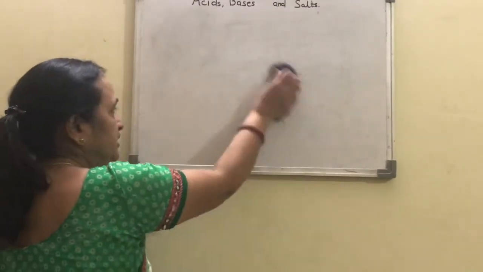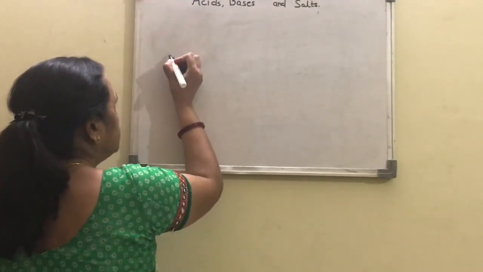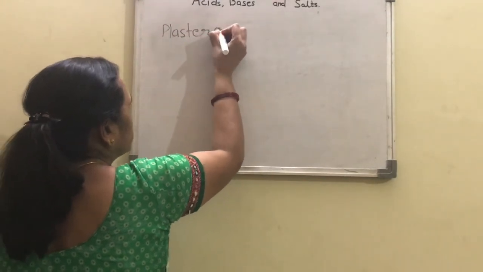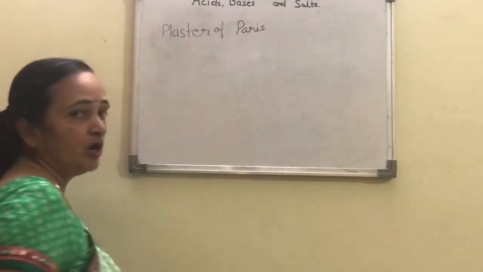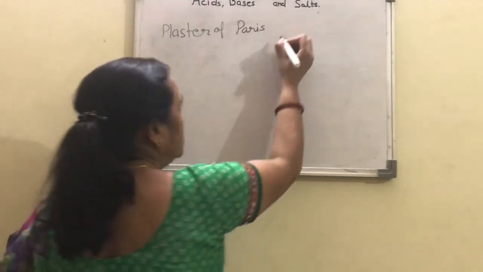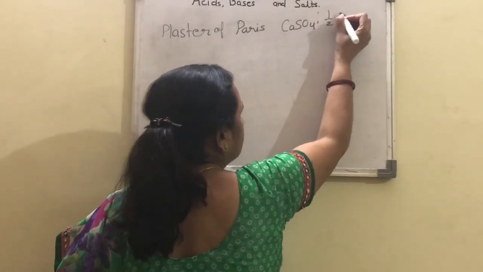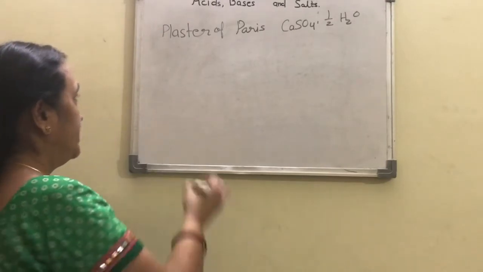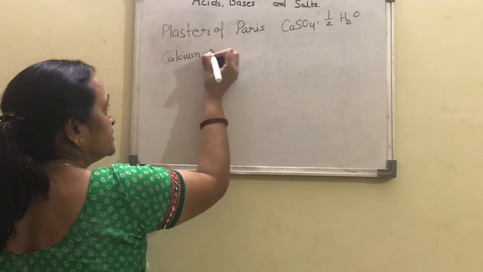Simply we have to heat gypsum, and as I told you, the formula for gypsum we can write here, plaster of Paris. Okay, so formula for plaster of Paris will be calcium sulfate dot half H2O, and the other name for plaster of Paris is calcium sulfate.